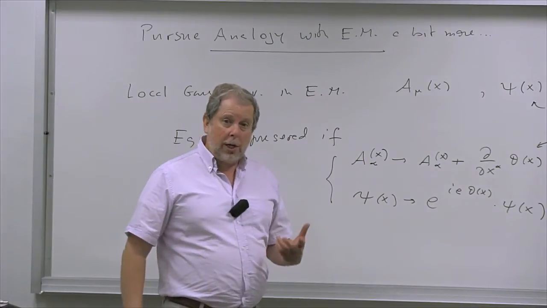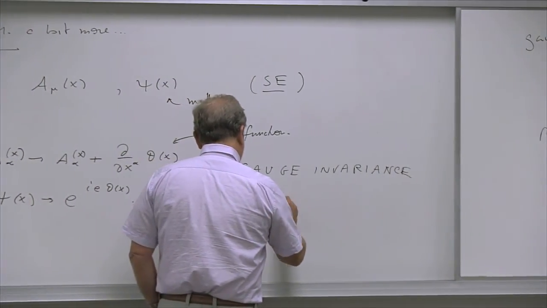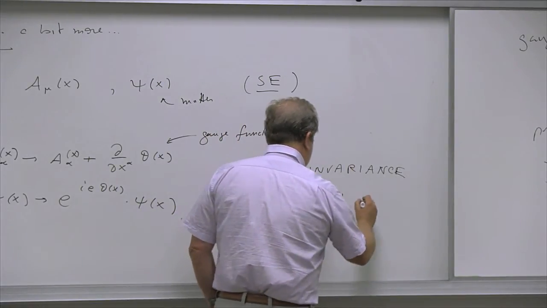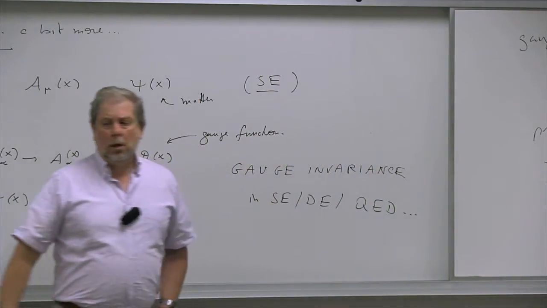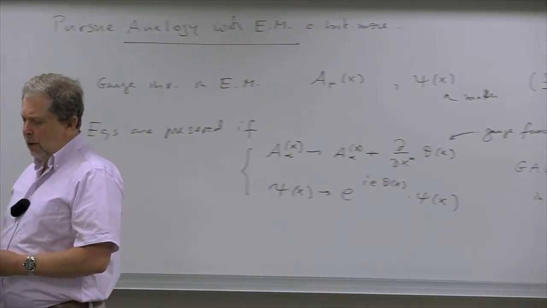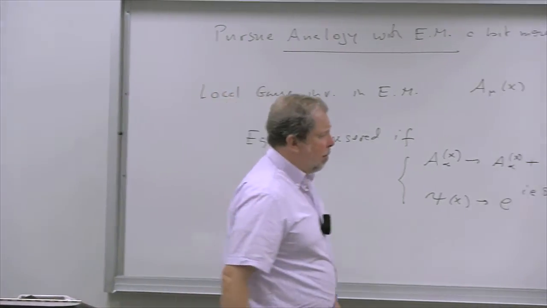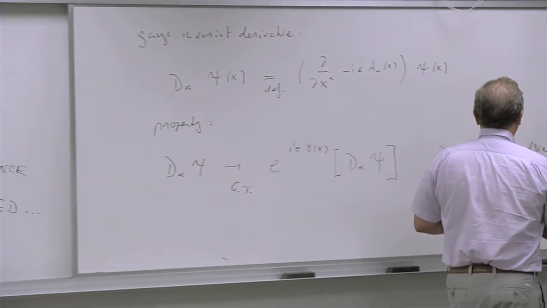And so this suggests gauge invariance in the Schrödinger equation, in the Dirac equation, and in QED. That suggests that in gravity we're having the same thing, and that this replacement that we do here is similar.